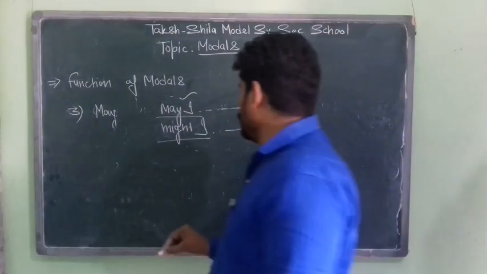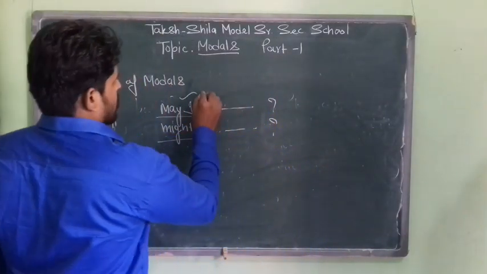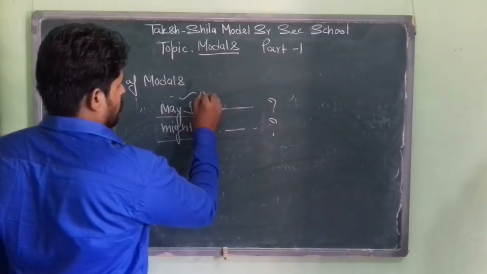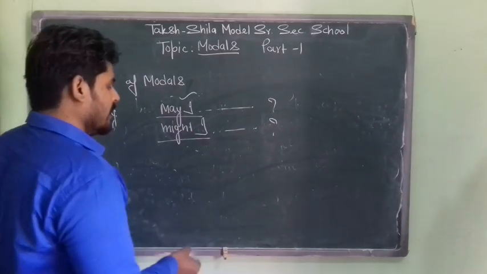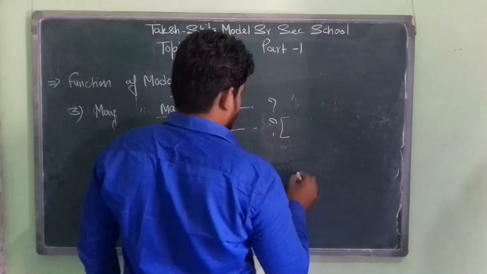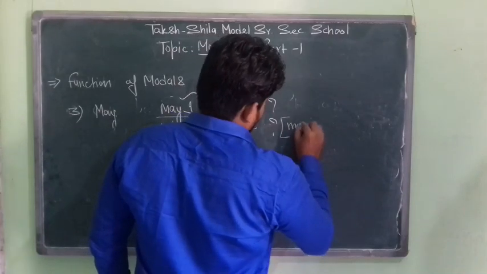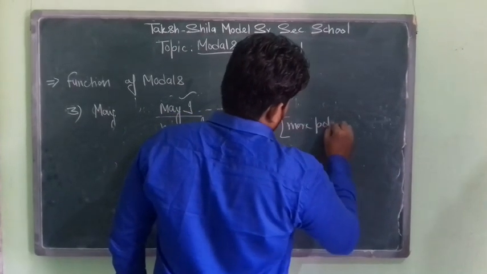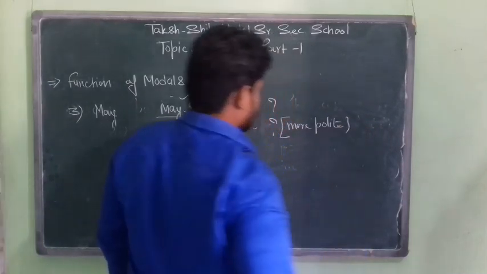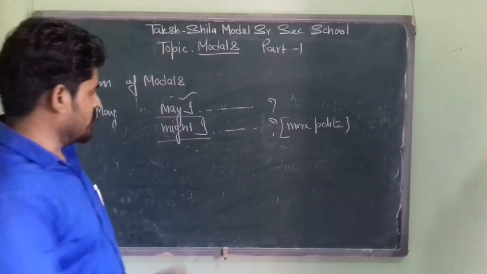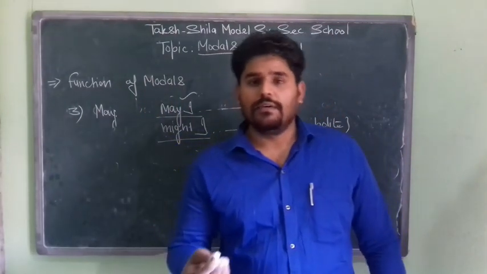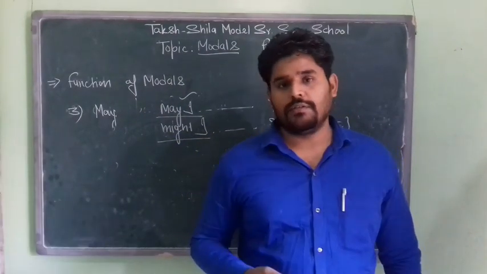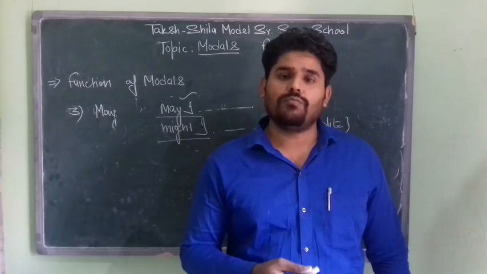May I is used for permission or for request. When we request somebody, we take permission from someone, and this might I shows more polite. It is a more polite way of taking permission. When somebody says might I, that simply means the person is showing hesitation. The person is quite hesitant about making that request.